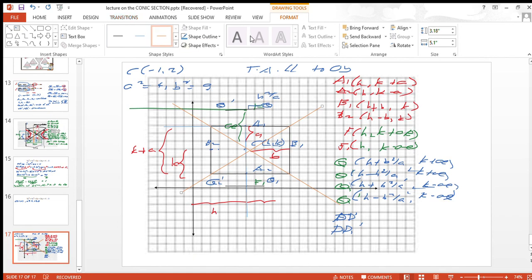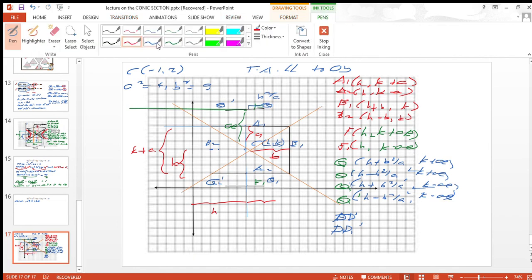So if we now draw our hyperbola, one portion will be this one. The other portion will now be this one. There you have it. And then our directrices: one directrix will be going this way, the other directrix will be going this way. So we can call this D prime, D1 prime.